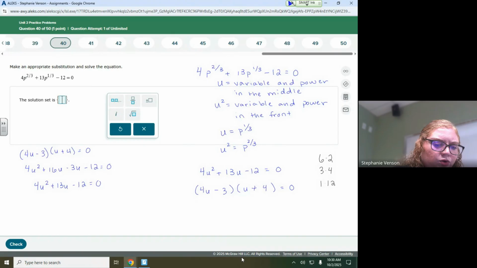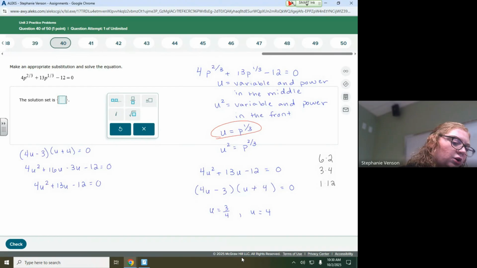Okay, so u equals 3/4, right? And u equals -4. So do I just put that in? Am I done? Because this is u substitution, I have to do the back substitution step. What was u originally equal to?